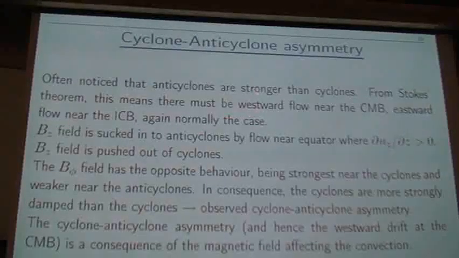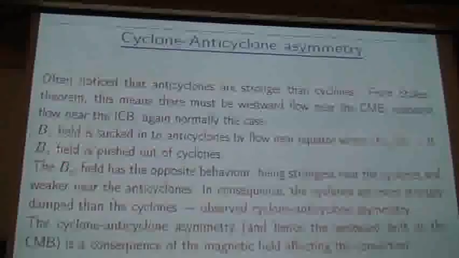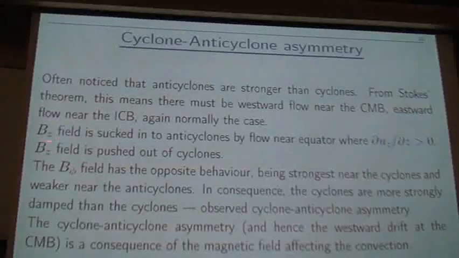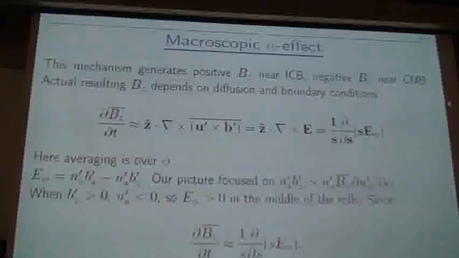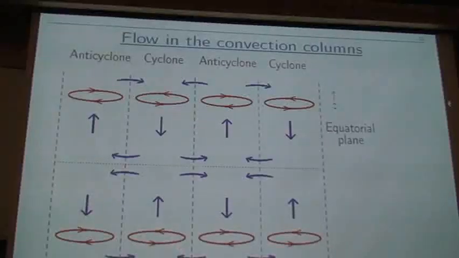You can ask yourself the more difficult question: why are the anticyclones stronger than the cyclones? Let's go back to the cartoon. We go back to this one. What happens to Bz from a flow like that?